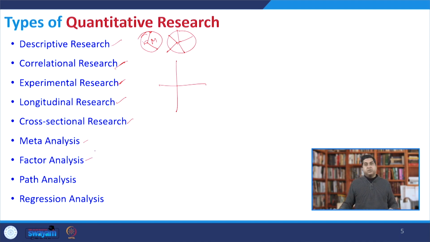Factor analysis is also a very important aspect. Here we consider the attributes for our study and finally try to make factors out of them, because maybe there are 50-60 attributes affecting a certain behavior.